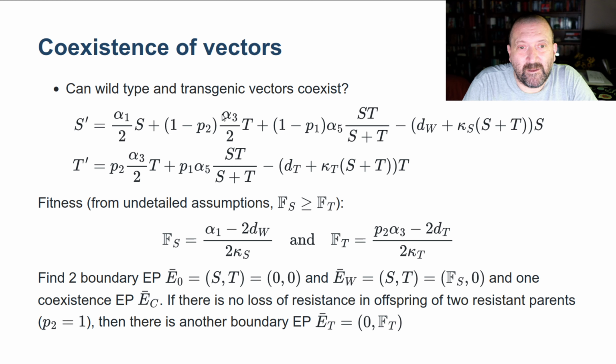Then there's the transgenic driven birth, but non-resistant. There's mating, so these are transgenic with transgenic. Then there's mating of wild and transgenic that does not result in a resistant mosquito offspring.